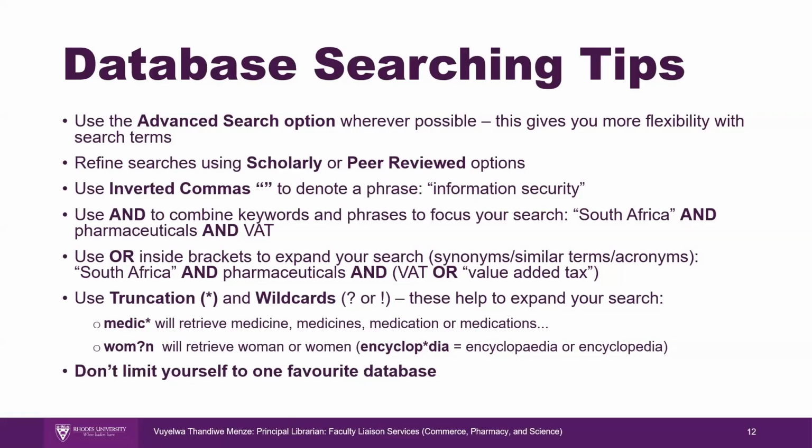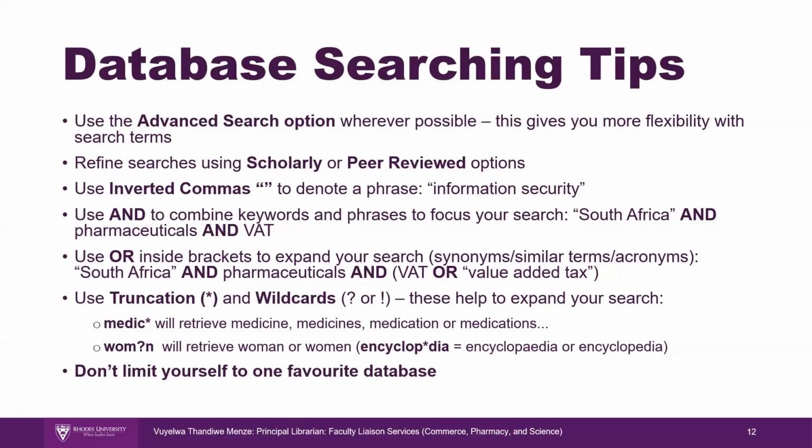These are just examples of how one would use truncation. When you're using truncation, you type in the root term without having to type the various examples. So when you type medic and the asterisk, your database will retrieve articles on medicine, medicines, medication, or medications.